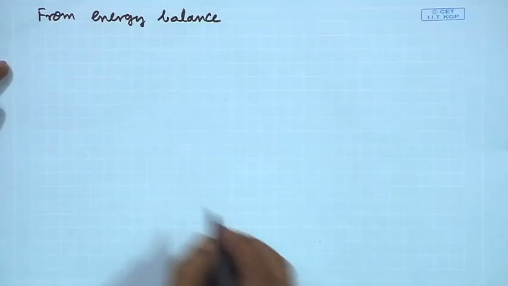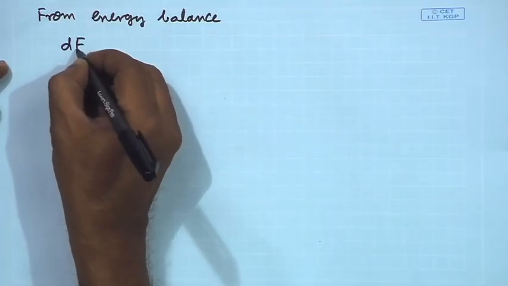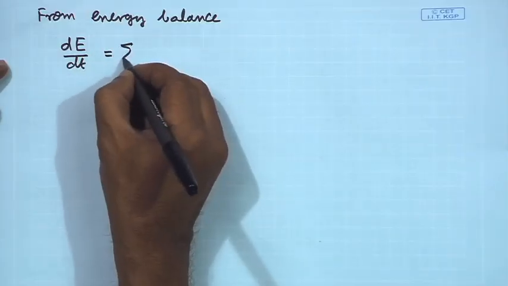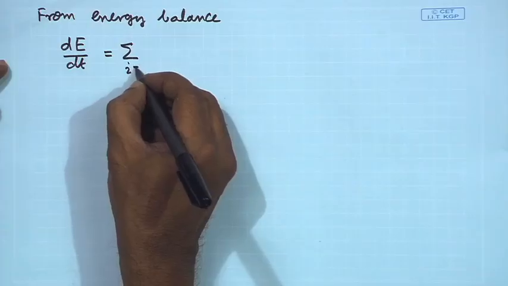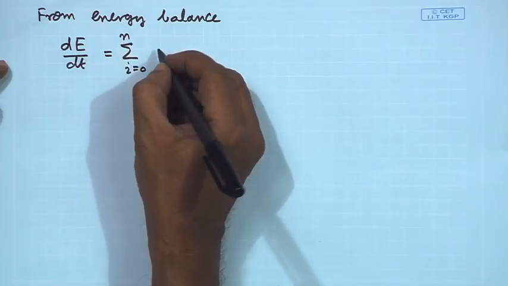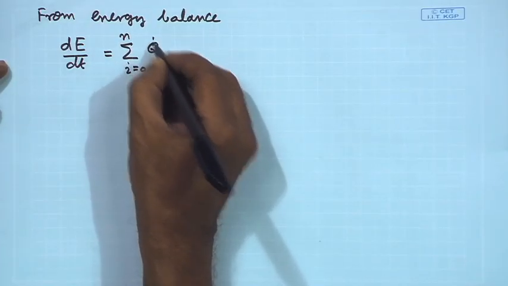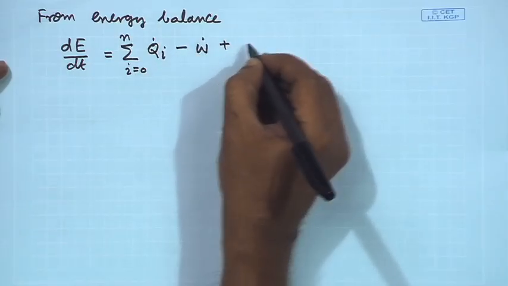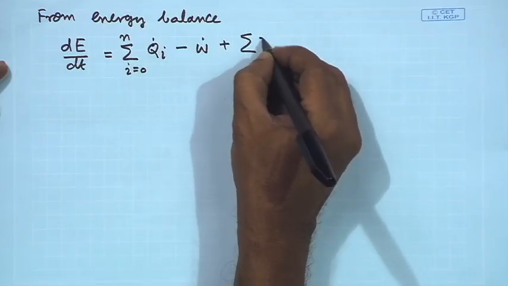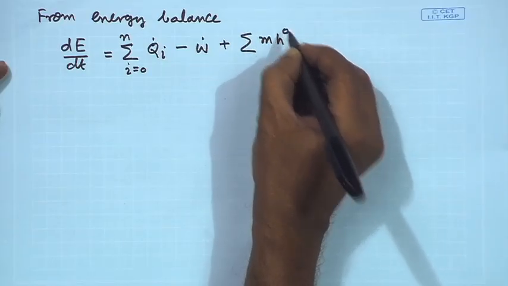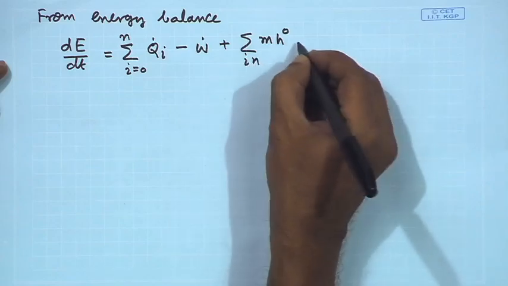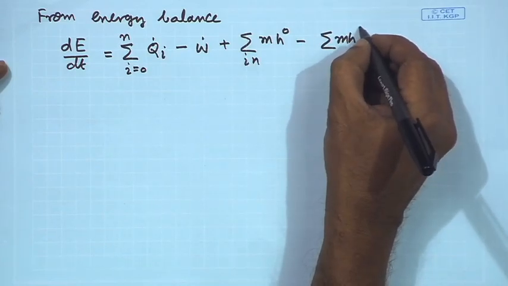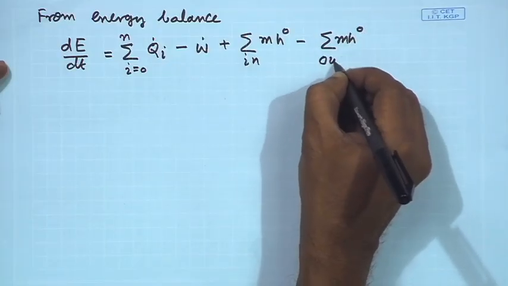From energy balance, what do we get? dE dt is equal to the summation from i equal to 0 to n of q dot i, minus W dot, plus m h 0 in minus m h 0 out.